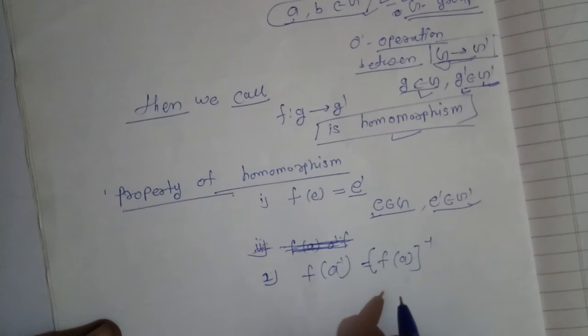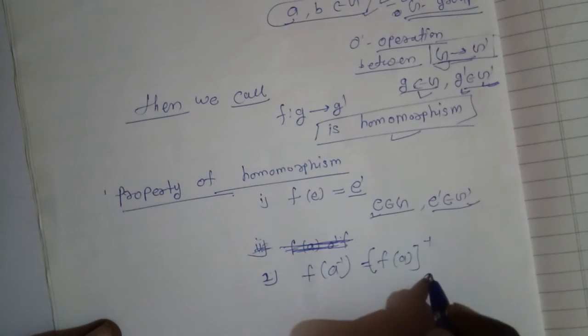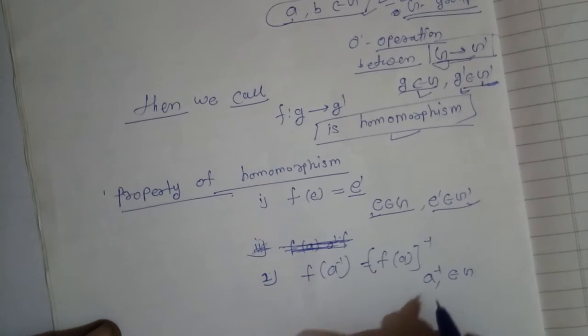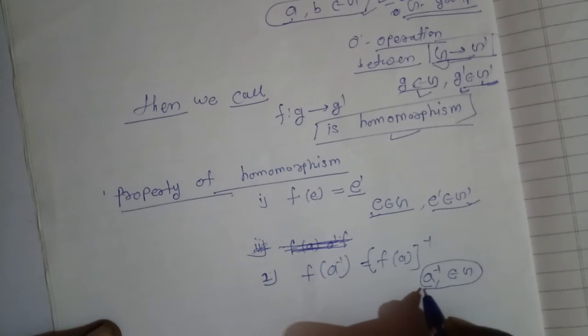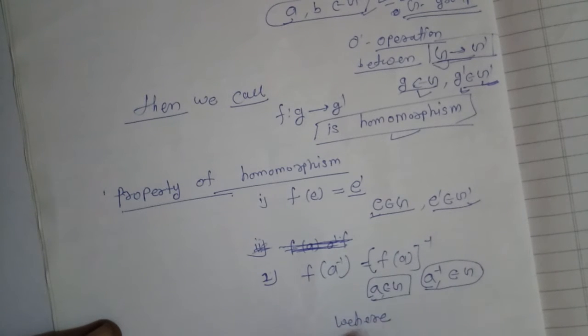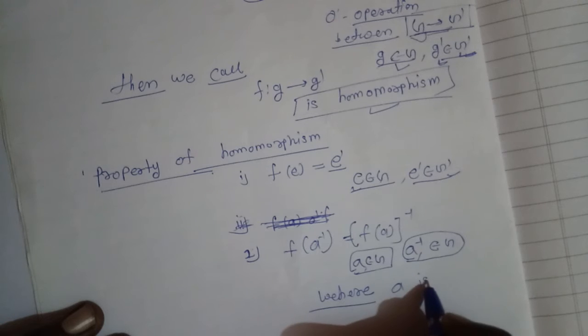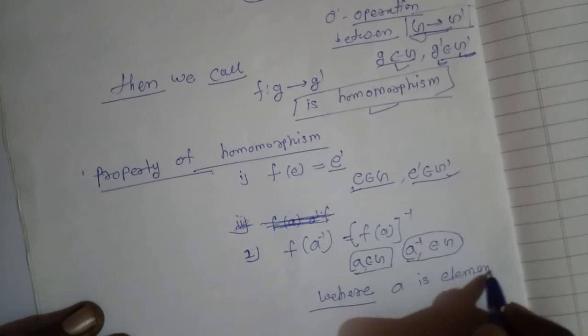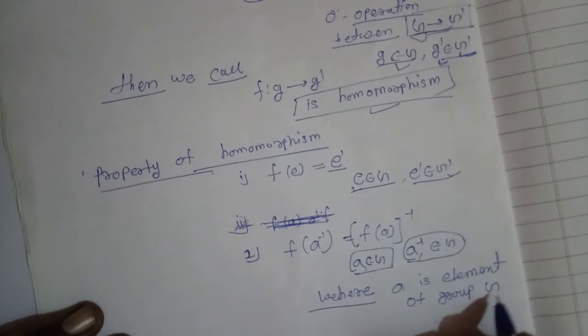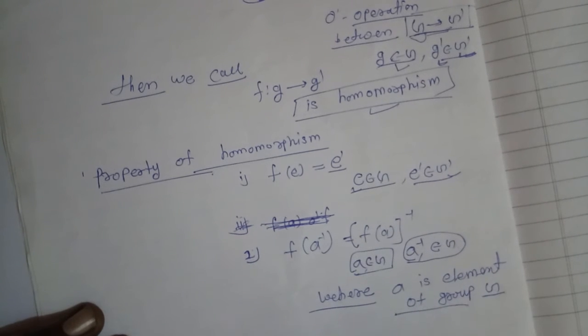Okay, and a inverse belongs to G. Here it is also mentioned that a belongs to group G, where a is an element of group G. This is the second property.